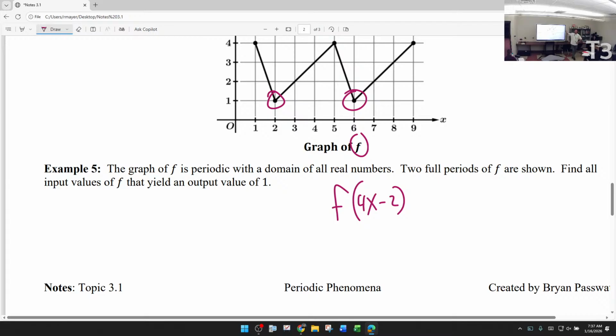I need to plug in any number I can, integer preferably, and yield a 1. So the 4 comes from the period, and the negative 2 comes from the shift. This is not the only answer, but it's one that works.